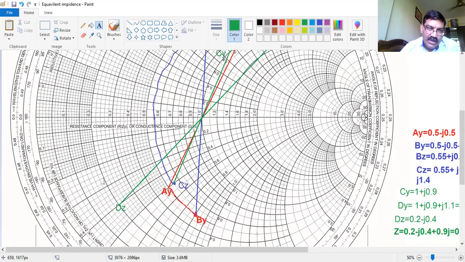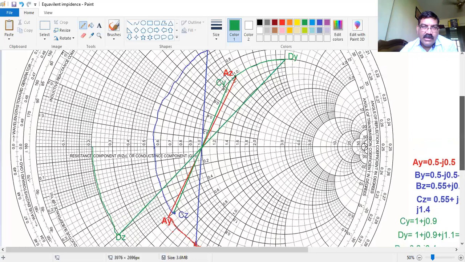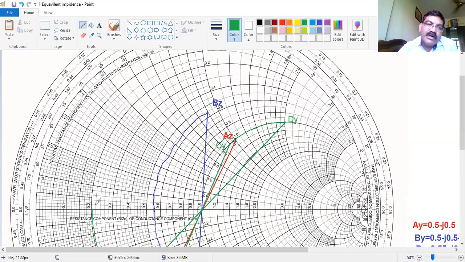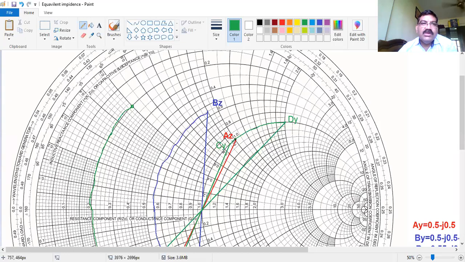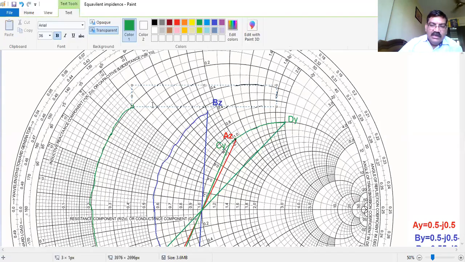From here to here it is 0.4, and then you have to add further, so it will come to 0.5. So it will come to here. So this is your final answer. This is your Z. You got the final answer.